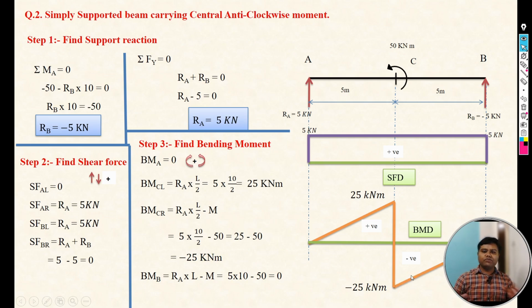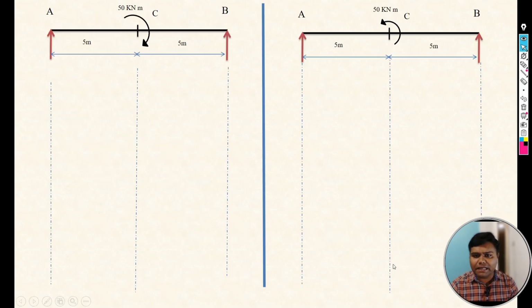So now this is the shear force and bending moment diagram for the clockwise and anti-clockwise moment acting at the center of a simply supported beam. Next we will see the comparison of both. This is the clockwise moment and this is the anti-clockwise moment, span is the same.